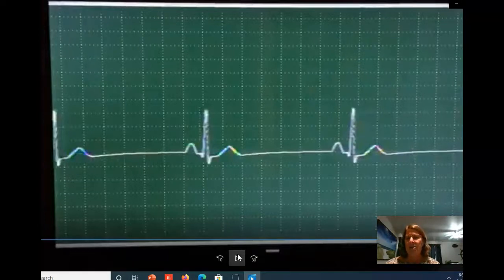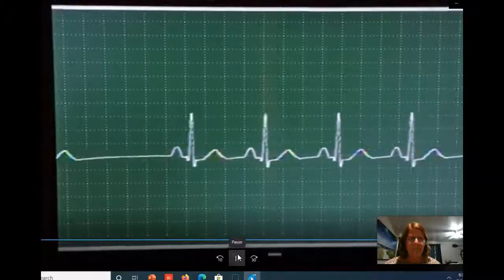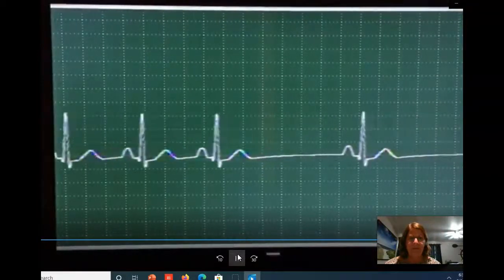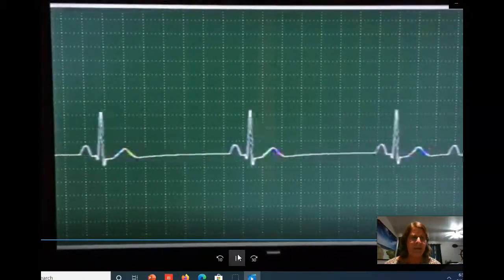You're still seeing a normal PR interval that is not changing throughout your strip. It's just that variant of sinus rhythm that we talked about called sinus arrhythmia. And it's very typical with the respiratory cycle to see that speeding up and slowing down.